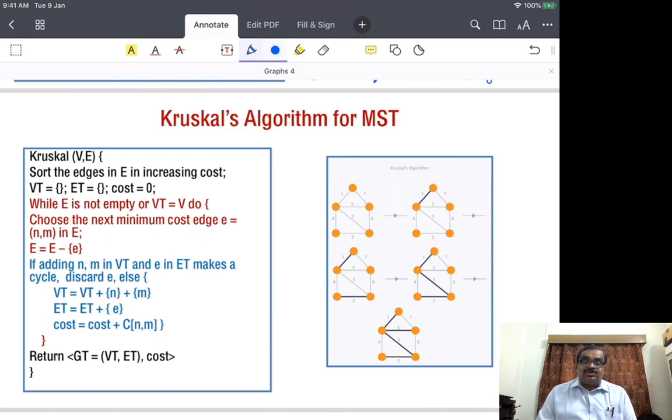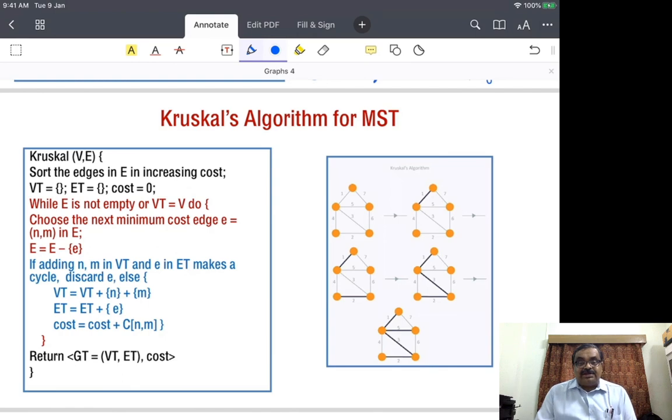As soon as it chooses an edge, it checks whether the new edge forms a cycle in the already partly formed minimum spanning tree. If it does, then it rejects that edge and goes to the next one. This continues till either all the edges are exhausted or at least V minus 1 edges are chosen, which means the spanning tree is formed.